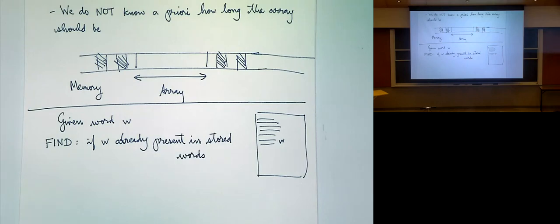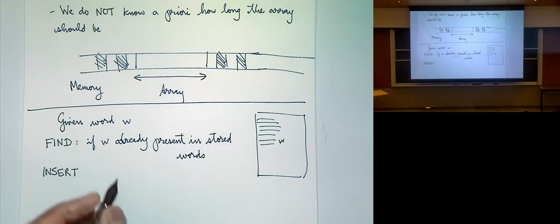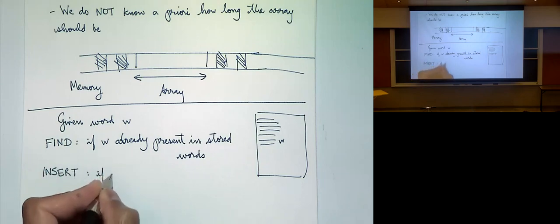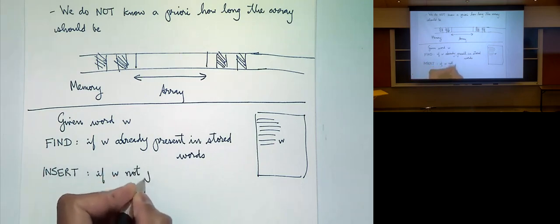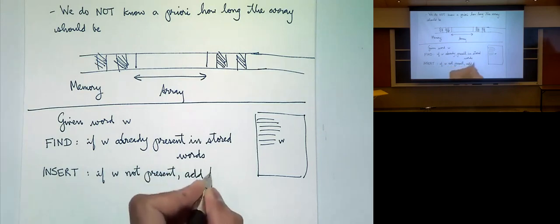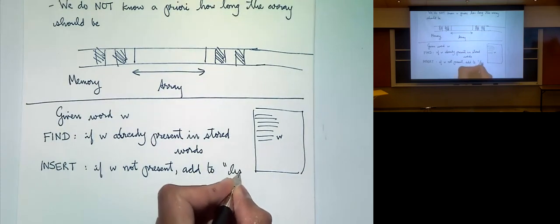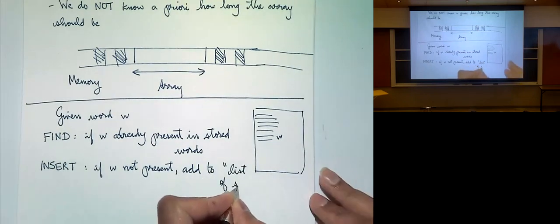Then suppose it's not present, then you would do insert, which is, if W is not present, add it to your list of seen words.